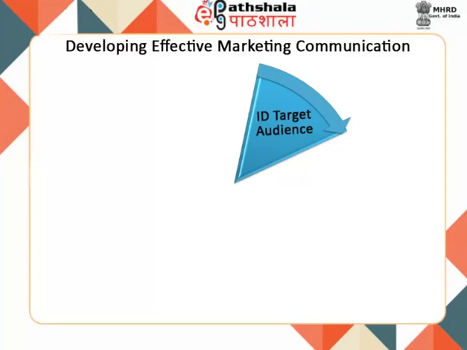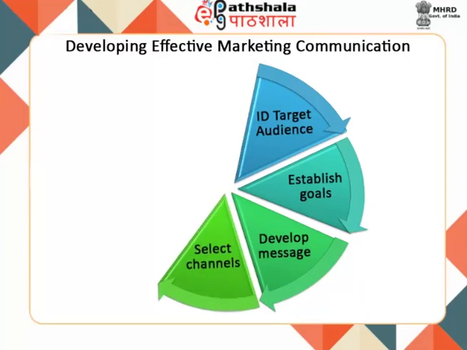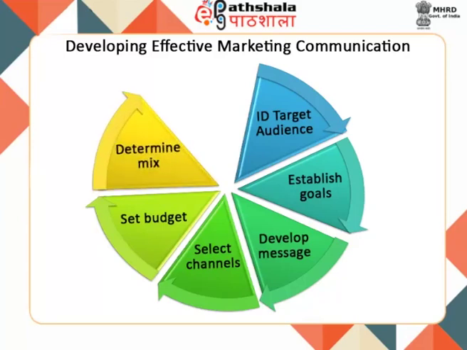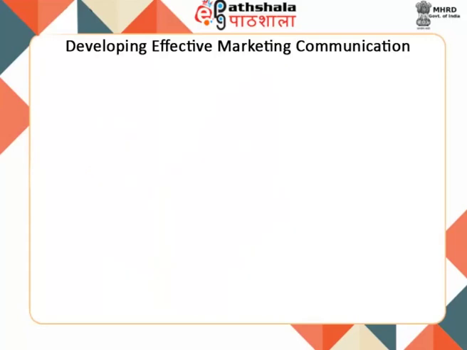Identify and understand the target audience. 2. Establish goals and objectives. 3. Develop a compelling message. 4. Select communications channels. 5. Determine how much to spend. 6. Decide on a marketing communications mix. 7. Measure and optimize. Let us discuss in detail the 7 steps of development of effective marketing communication.